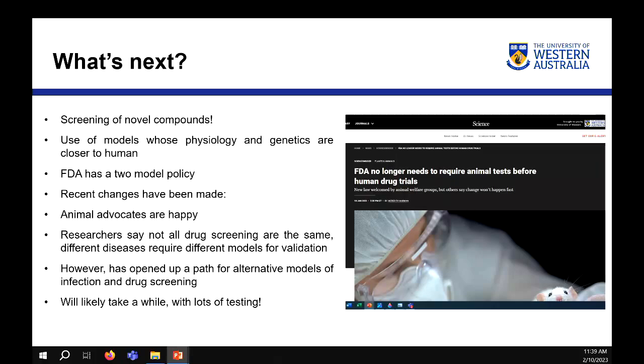So obviously this will have made the animal advocates very happy. I will say that with the animal advocates, some of the paraphernalia they use are images of animals in the 1950s and 60s where there was no regulation of animal studies. Nowadays, the animals are actually better looked after than some children, to put it quite frankly.